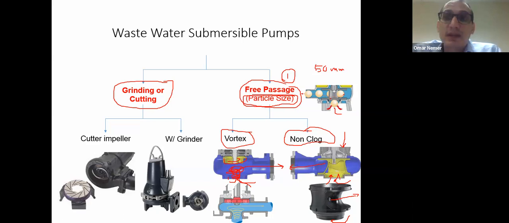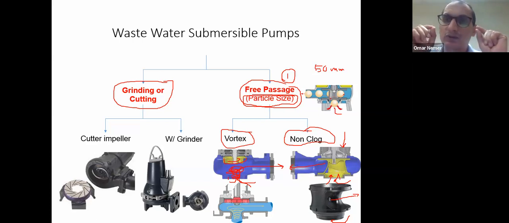Now, once we say particle size, gentlemen, we mean solids. Why? Because sometimes, for example, if I have a towel, it is a solid, but its shape can be modified, right? Because it's something flexible. So these pumps can pump towels without any problem, because the towel itself doesn't have a fixed shape.